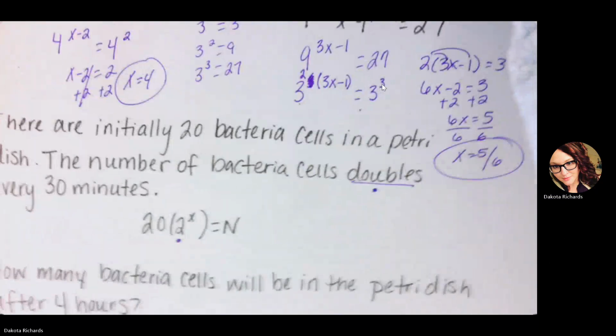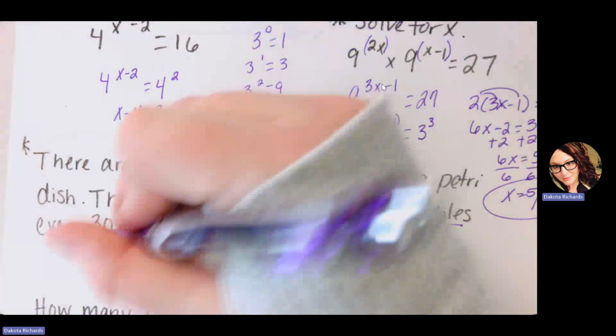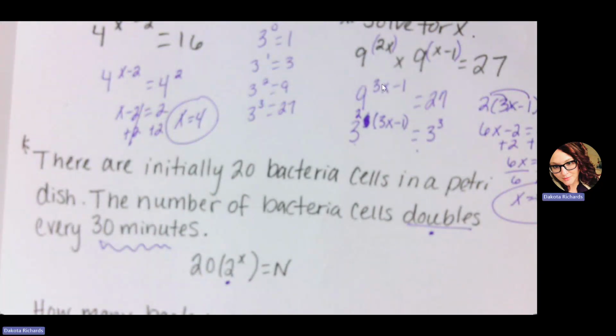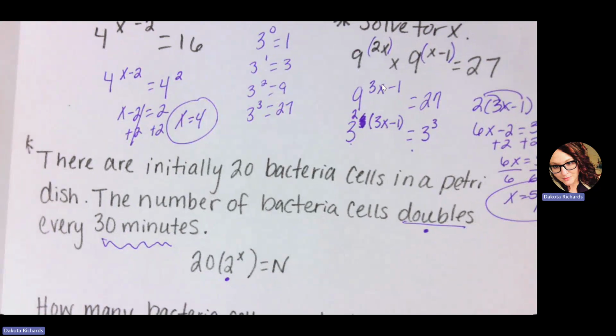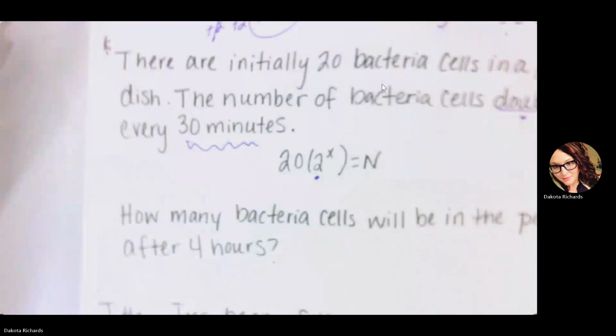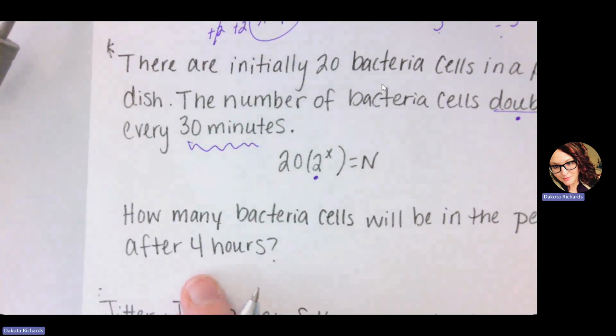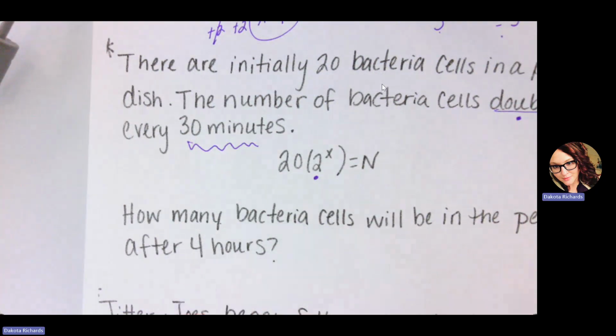Well, it doubles every 30 minutes. You got to figure out how many times does 30 minutes happen within a 4-hour period? 8, right? Each hour has 2 30-minute increments. And for 4 hours, that's 4 times 2, that's 8.